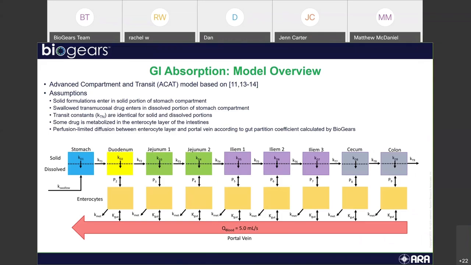So then drug that's in the enterocyte layer that is not metabolized, that partitions into the bloodstream. It enters the BioGears portal vein. And that portal vein then takes it to the liver compartment, where there's first pass metabolism that happens according to the clearance model that Austin talked about with our PK model, and then it enters systemic circulation.